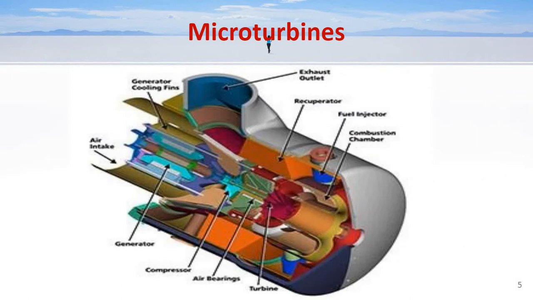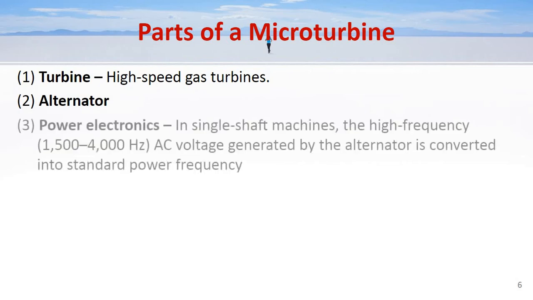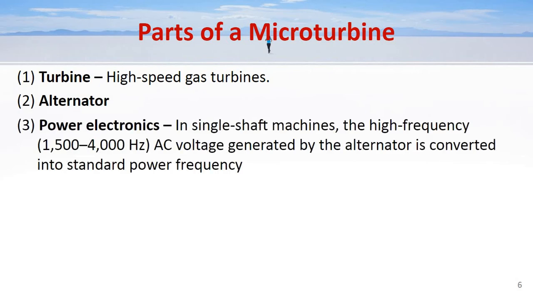This is a cross-sectional view of a microturbine. Different parts I have already explained to you. So once again, the main part is a turbine, normally a high speed gas turbine. Then this turbine is coupled with an alternator, and there are some power electronic devices. In single shaft machines, the frequency is very high, typically from 1500 to 4000 Hertz.